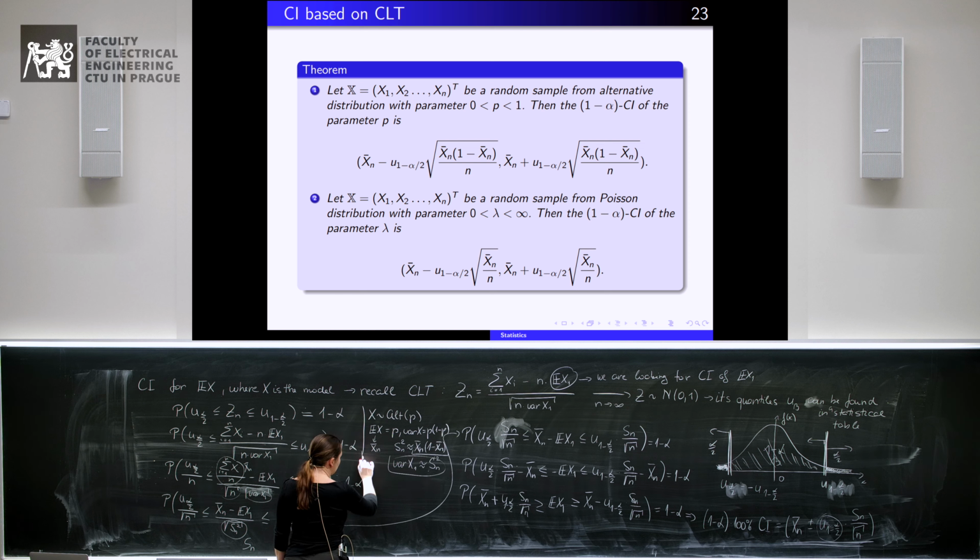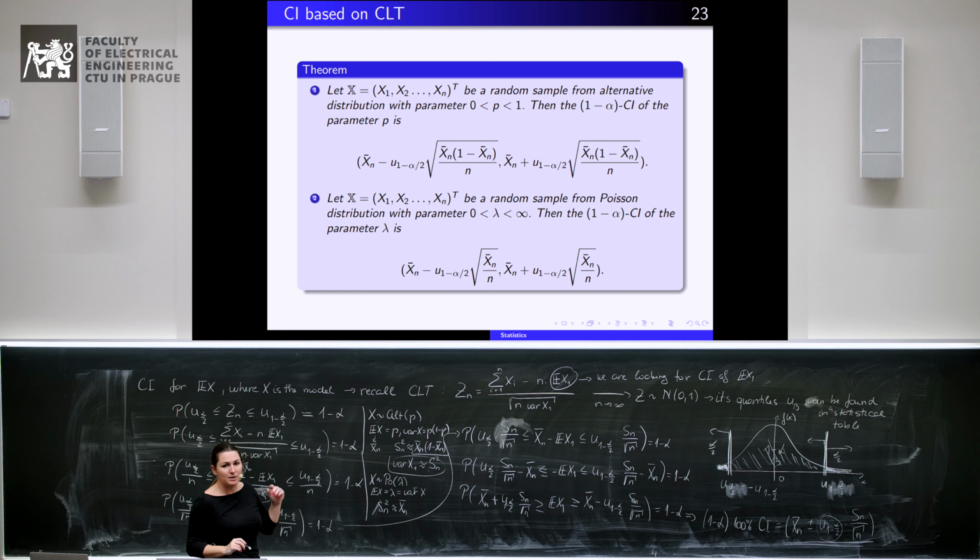For Poisson distribution, we know that the expected value, which is equal to lambda, is equal to the variance. So we can replace the sample variance by the sample mean in the case of Poisson distribution. Yeah? And then it leads to some easier form without this sample variance in some cases.